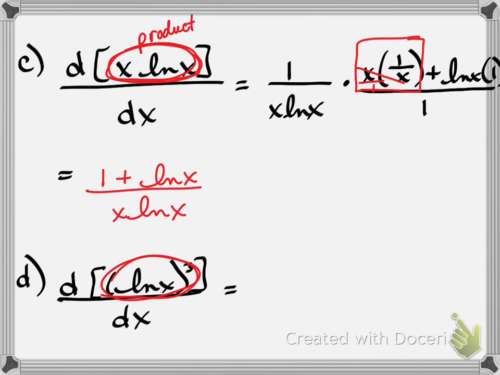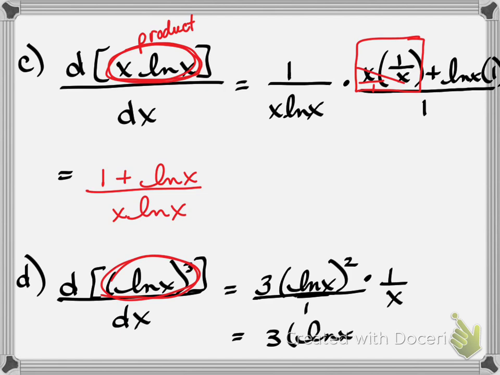It's something to a power, so the power would come to the front: 3 times the something to the 1 less power, times the derivative of the inside part, which is 1 over x. So that was a big chain rule problem involving natural log. If you put this all over 1, you'd get 3 (ln of x) squared all over x.